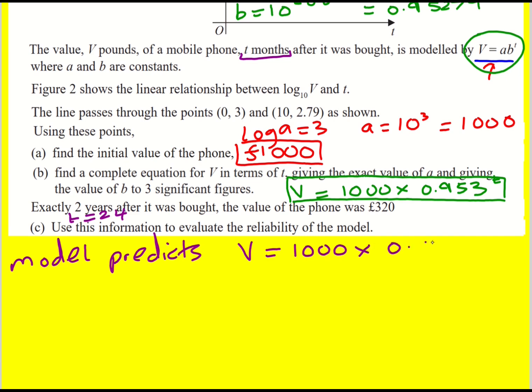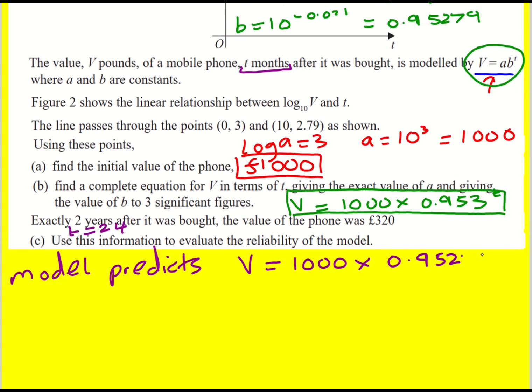1,000 times 0. Now I would actually use the non-rounded version. You'll get away with it in A level, but best practice in science is to use non-rounded versions if you're then doing subsequent calculations.